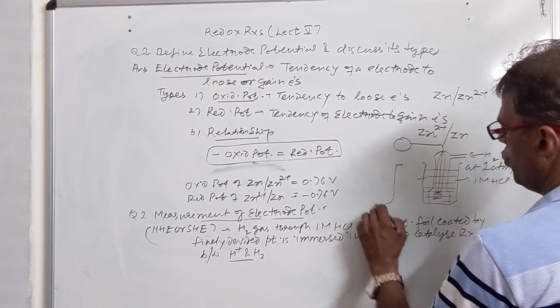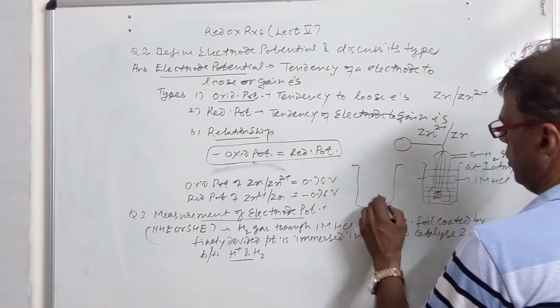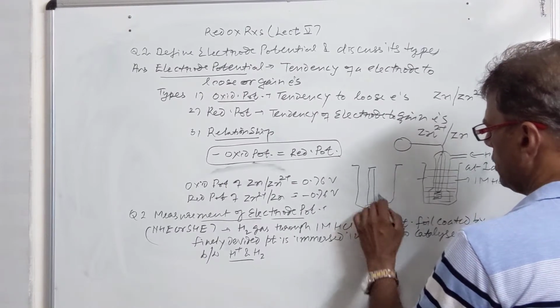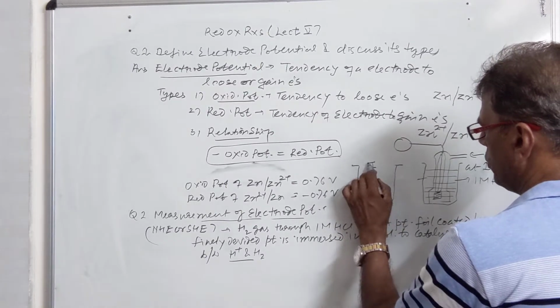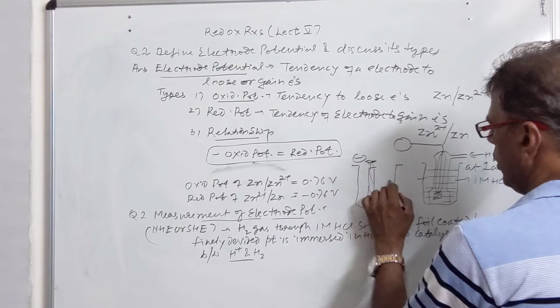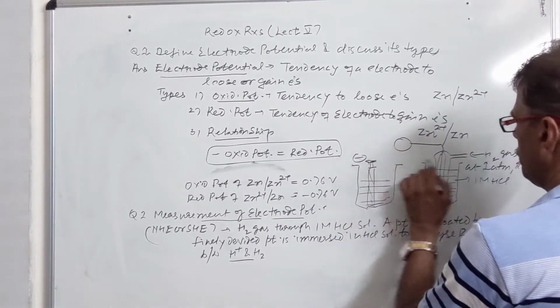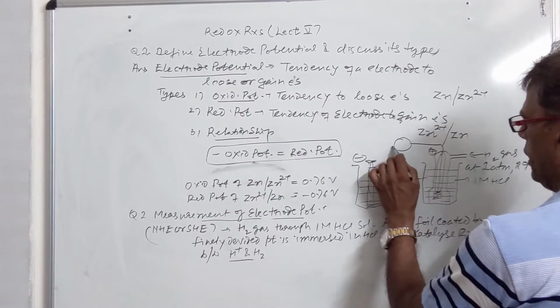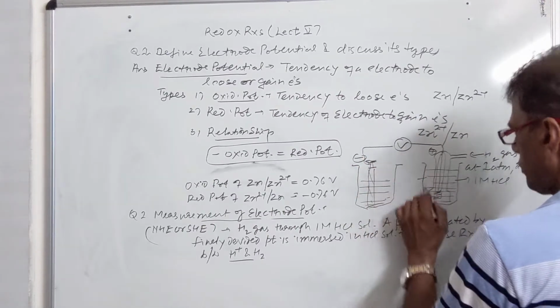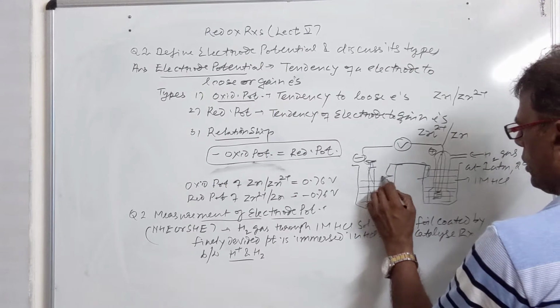In order to measure the electrode potential, NHE is coupled with that electrode whose electrode potential is to be measured. Now if we couple this electrode with the zinc electrode, then zinc has more tendency to release electrons as compared to NHE. This is the salt bridge.